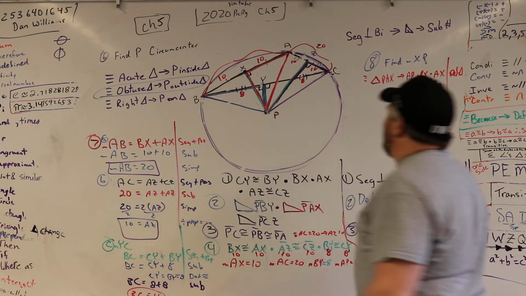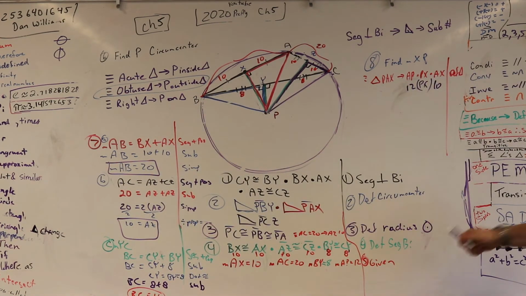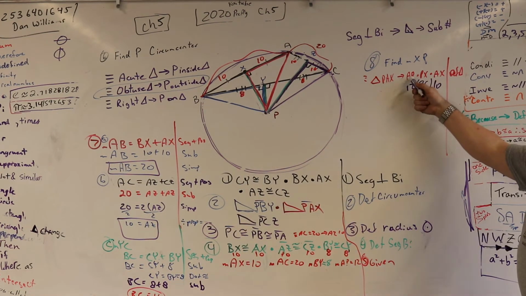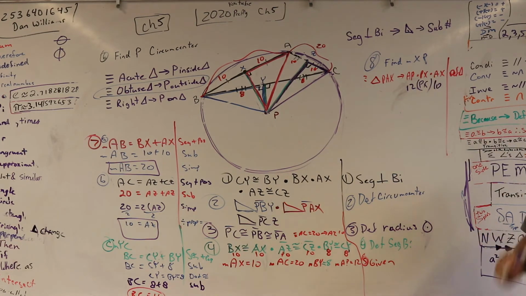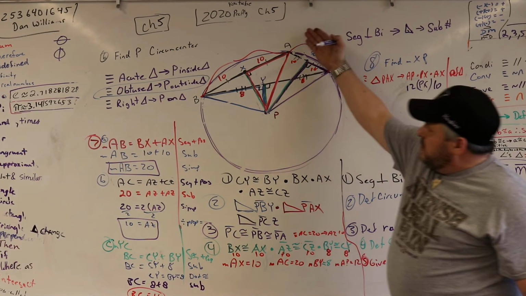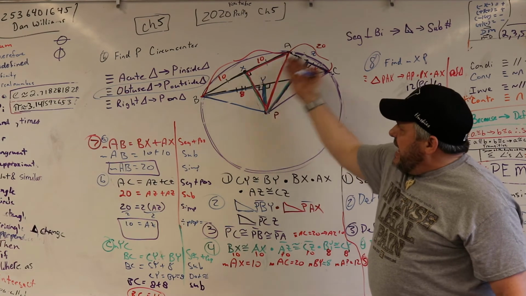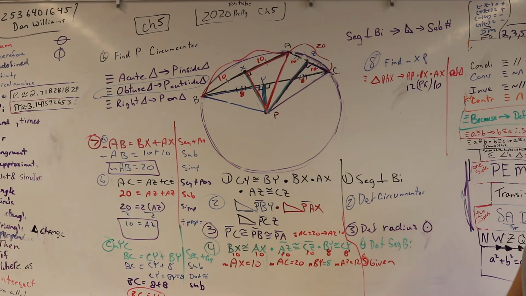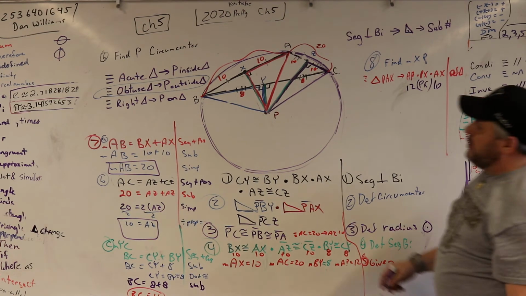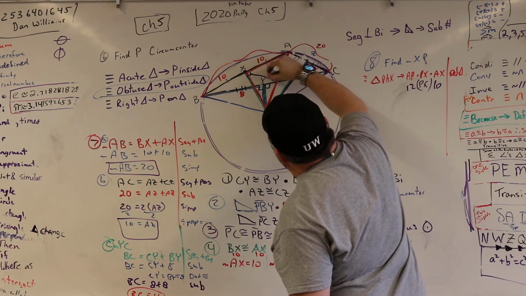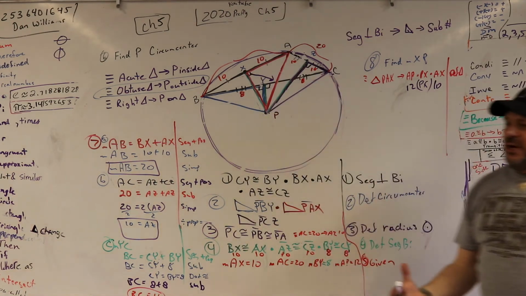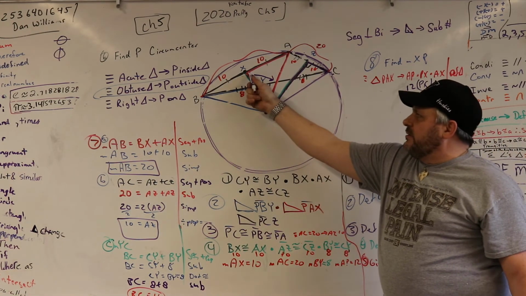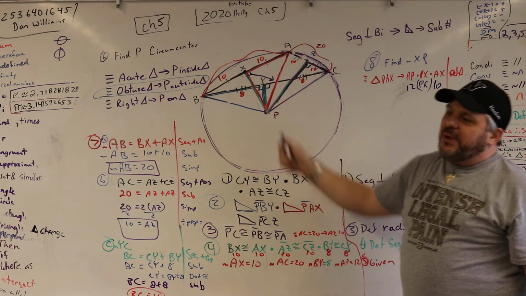So what is your hypotenuse? Which one's A, B, and C? So which one's C? AP, AX, or XP? I'm gonna go out on a limb and say XP. AP. Why AP? Because it's the longest one. It's the longest and it's across from the right angle. Across from the right angle, AP.